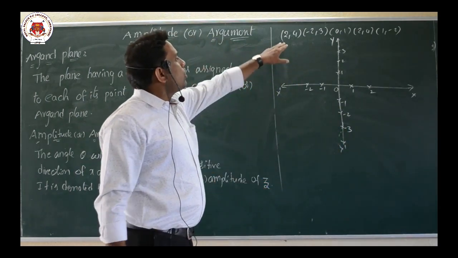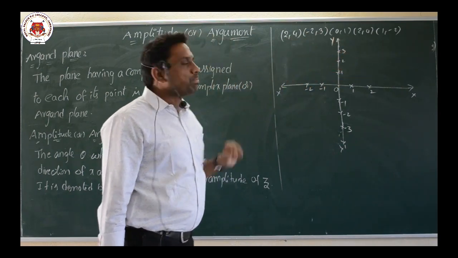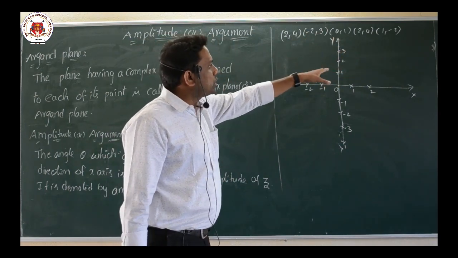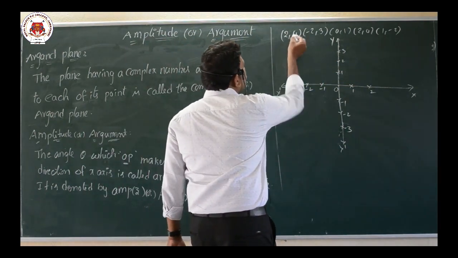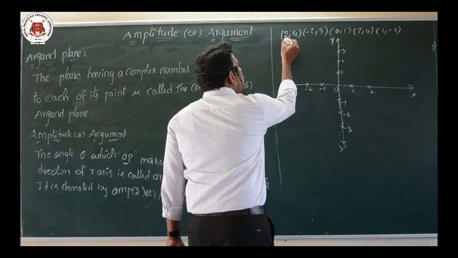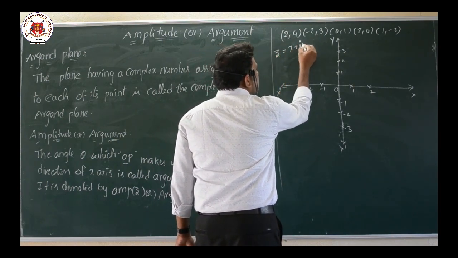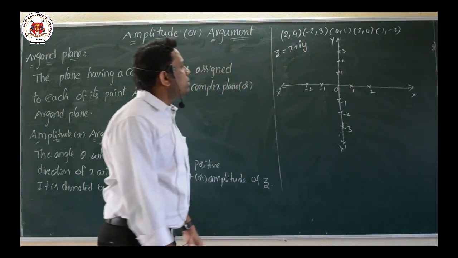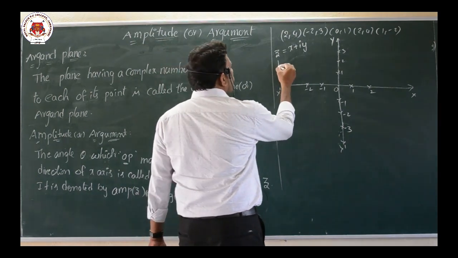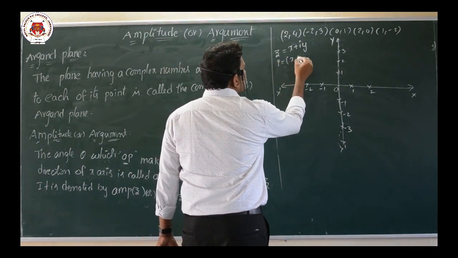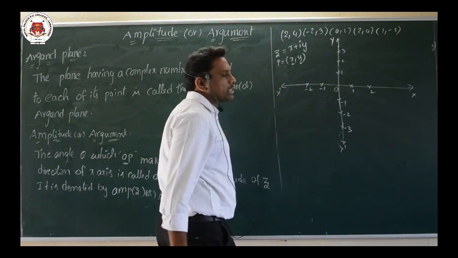Now I am going to plot these points in this coordinate plane. I said already how to write a complex number in the form x plus iy. In ordered pair form we will write it like (x, y). The first one is always the real part and the second is the imaginary part.